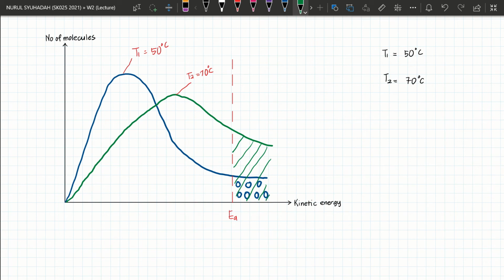You need to make sure that it clearly shows the difference between the shaded area for 50 degrees Celsius and for 70 degrees Celsius.